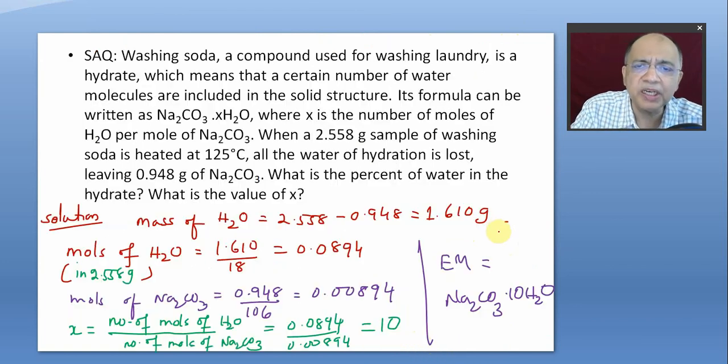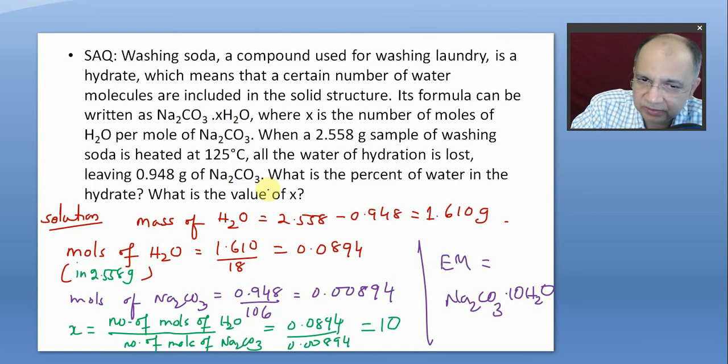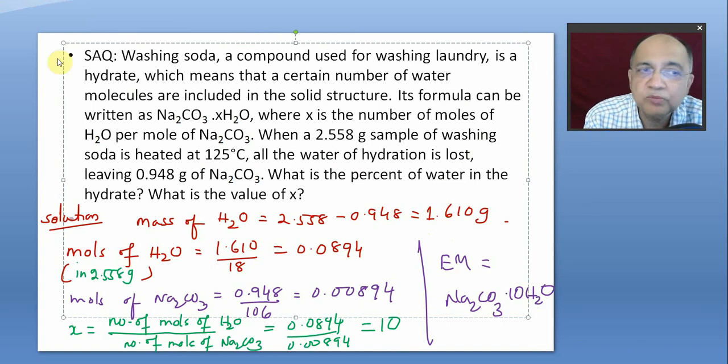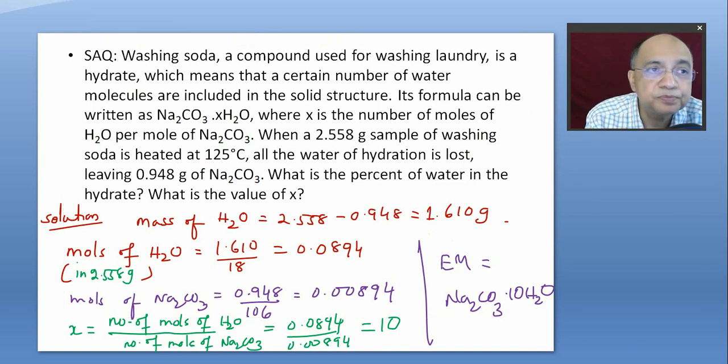I have done it in another simple way here. Since the mass of water we found out to be 1.61, if the mass of water is this much in 2.558 gram of the sample, then the number of moles will be divided by 18.